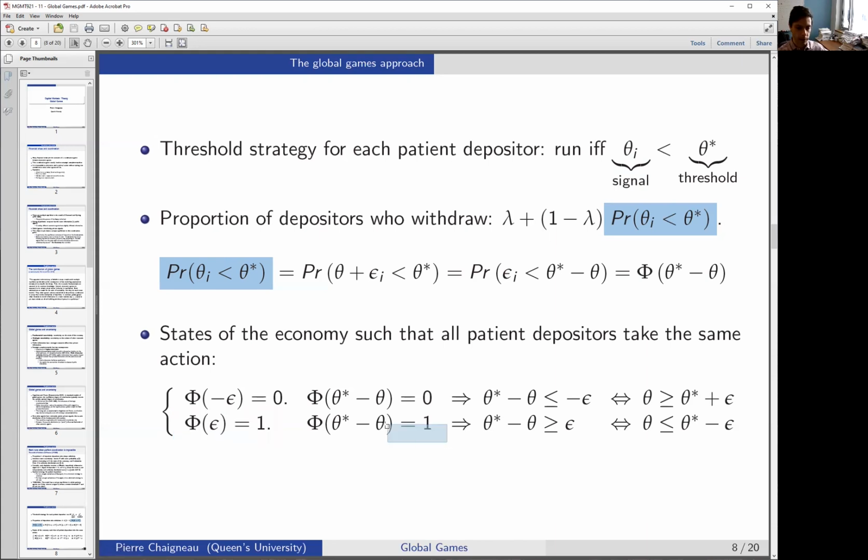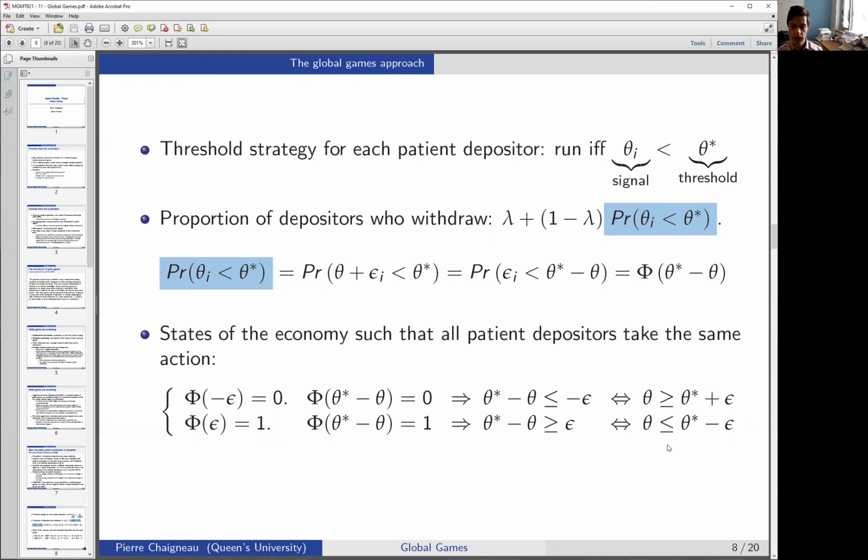And so when is this equal to 1? Well, this would be equal to 1 whenever this is larger than that. So when, again, this is larger than that, we rearrange for theta. And so we find that it's the case whenever theta is less than this threshold.